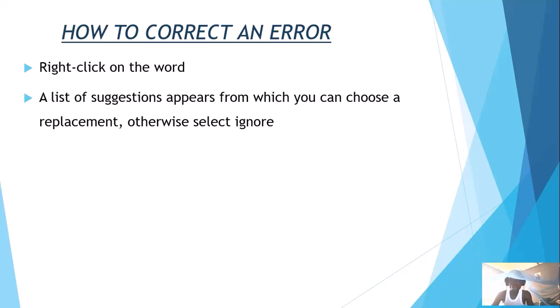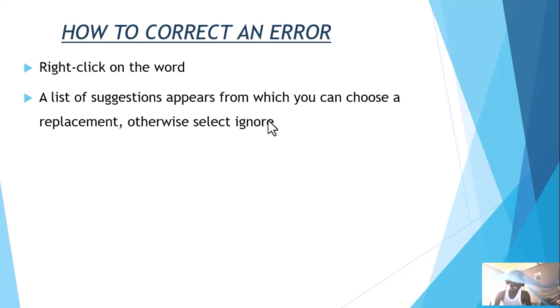Otherwise, ignore. The reason why we are saying otherwise ignore is that some of the words, the application or Microsoft Word may not know, but some words are based on a person's culture. Just like we Ghanaians, there are certain names, pronunciations and words in our country which are not known to Microsoft Word.